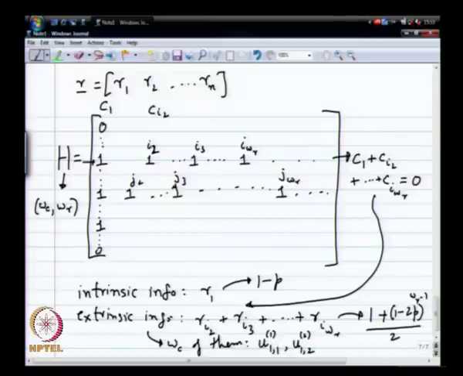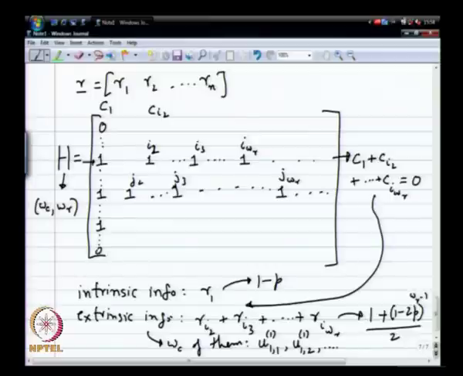So this is not U2, still U1. This is how I will denote the estimates that I am getting. The intrinsic estimate is simply R1. The first extrinsic estimate I am getting about the first bit in the first iteration is U, where the superscript is the iteration number. In the subscript there are 2 of them. The first subscript denotes the bit position itself, the second subscript denotes the number of the extrinsic information, that is, the number of the row. The first one will give you the first one, the second one, and so on.